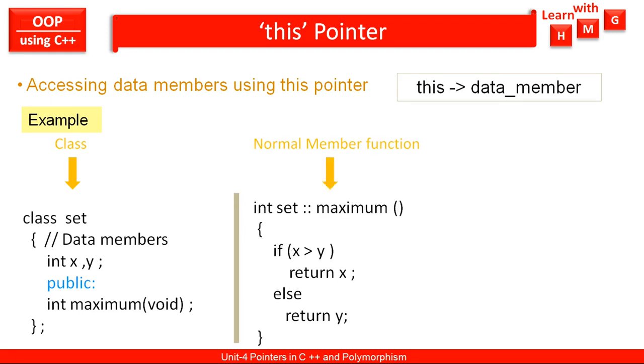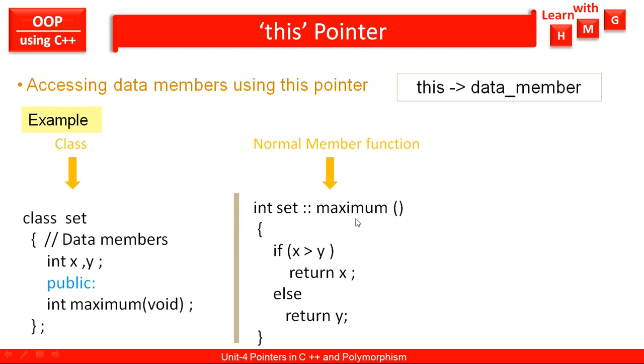We write it like this: int set scope resolution operator maximum, where set is the class name and maximum is the member function of this class set, and it is returning an integer type of value. That's why the return type is int, and the maximum function does not accept any argument.